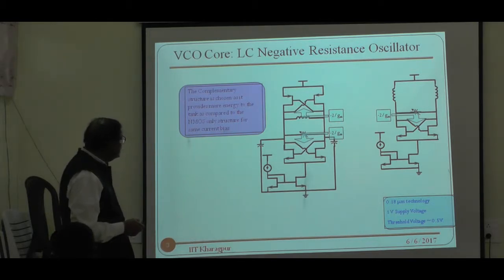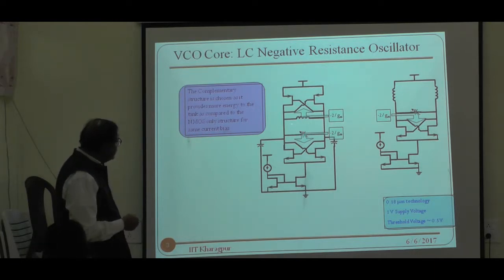So if it is minus 2 by GM, and then if you look at the impedance as observed from the LC, that will be a positive value. So in an oscillator, the tank circuit is in parallel with a negative impedance.